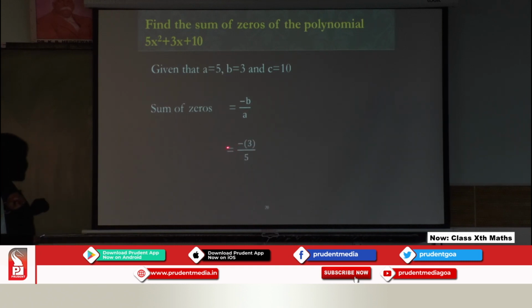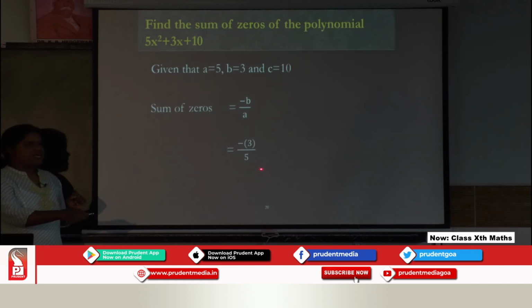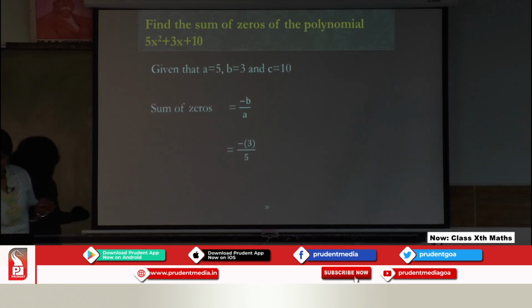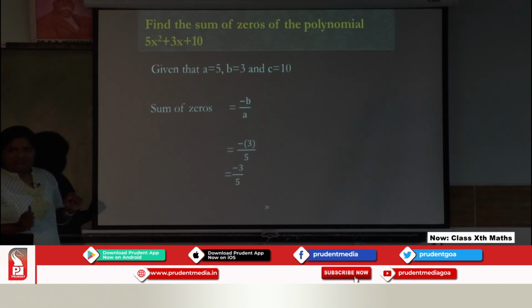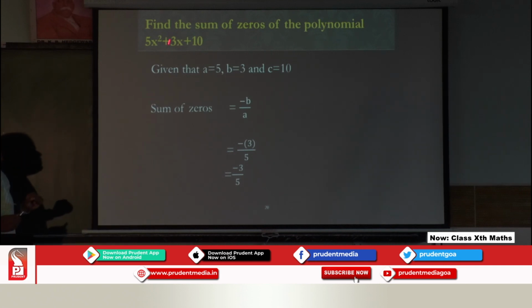Be careful of this negative sign. This negative sign is part of the formula. The b value is 3, upon 5 because a is 5. So your answer is negative 3 upon 5. This is your final answer. This is one type of example where b is positive.